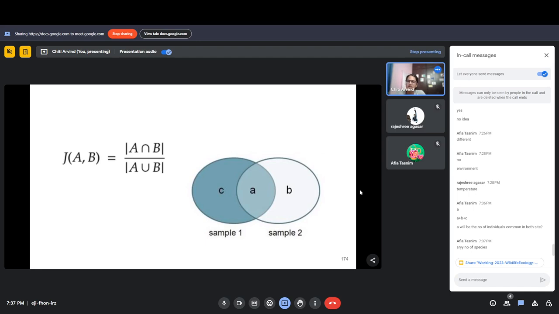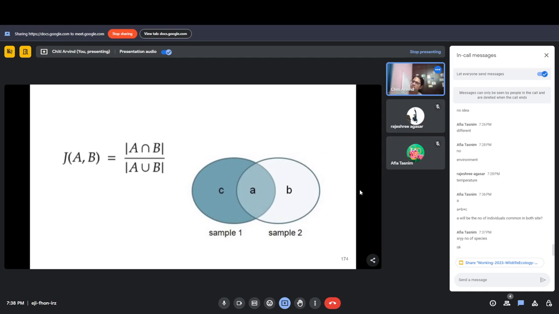So if I have 5 species in sample 1 and 6 species in sample 2, and 3 of them are shared, then I will have that on my numerator divided by the total number of species present in both. Yeah, cool.